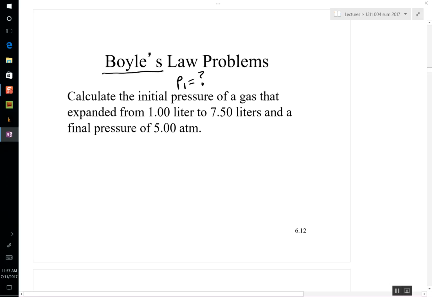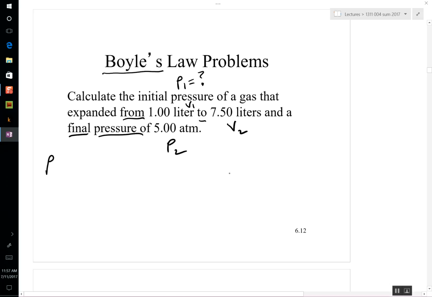The gas expanded from, so that's V1. To V2, so it went from initially 1 liter to finally 7.5 liters. So that's V1 and V2. And a final pressure, that's P2.